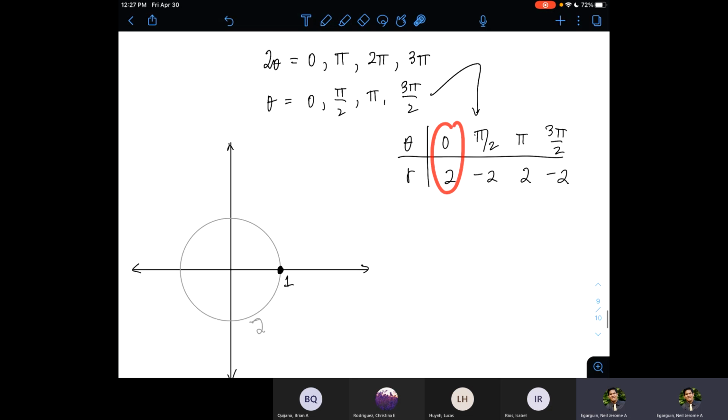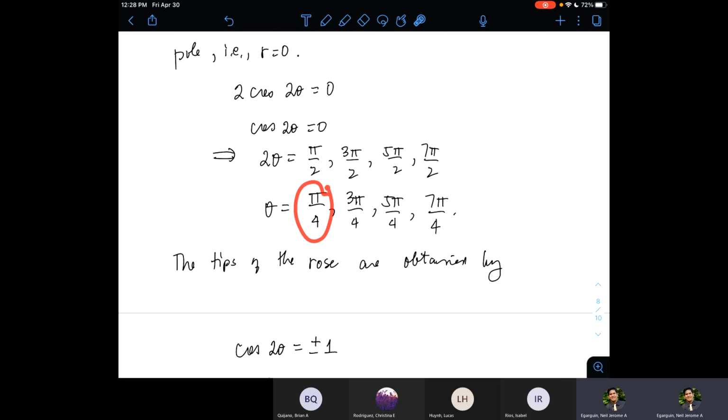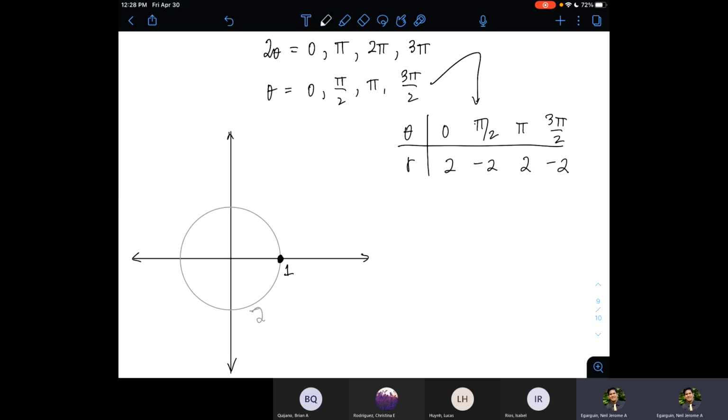That's at 0. And then at pi over 4, we know that cosine will be 0, so we will be at the pole. So this would be my second point, right? And then my third point would be at pi over 2. At pi over 2, we are supposed to plot here, but r is negative 2, so we plot in the opposite direction. So this would be my third point here.